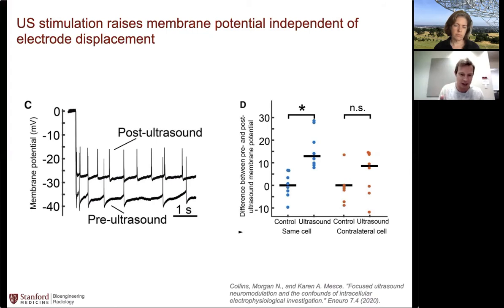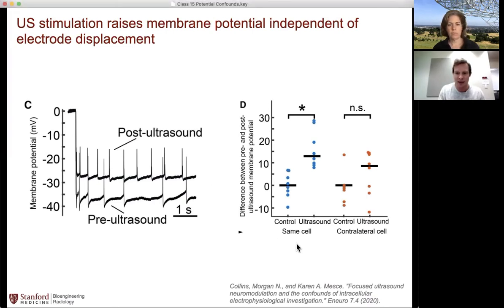So it was clear that the ultrasound had done something, except that the electrode was also removed from that cell. So was it the ultrasound or was it the removal of that electrode? So on the right-hand side, you can see the quantification of the experiment I just described, where there's measurement pre and post from that same cell, and you can see it increased spiking, as we said. And on the right-hand side, you can see that they measured from the other Retzius cell that is electrically coupled, but in no way interfaced with the electrode, and that you still get this change in excitability.